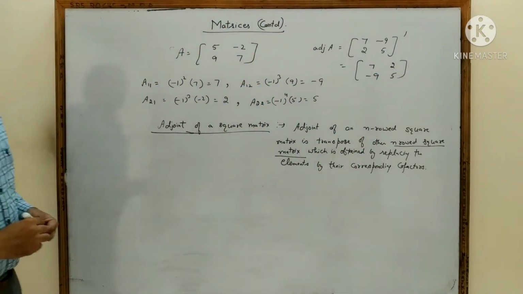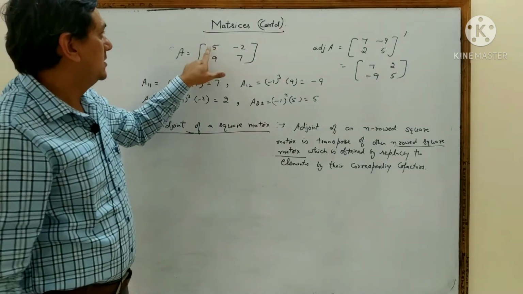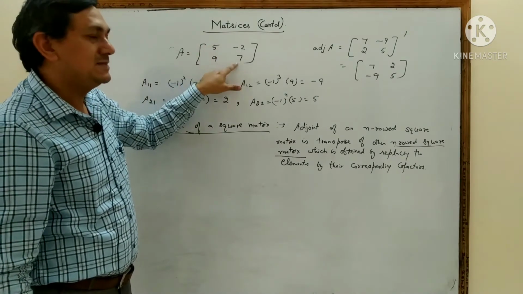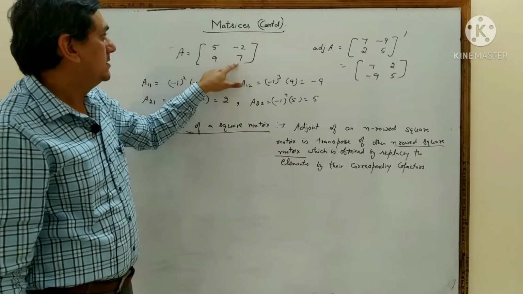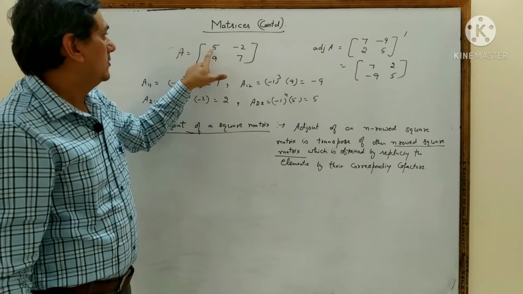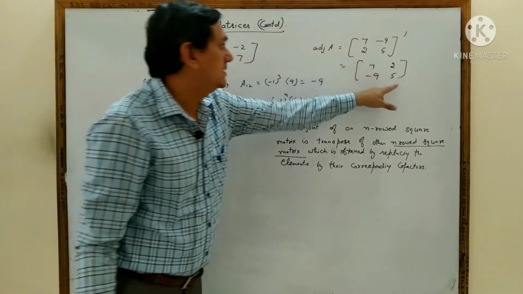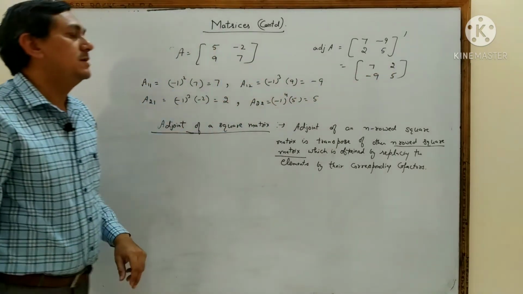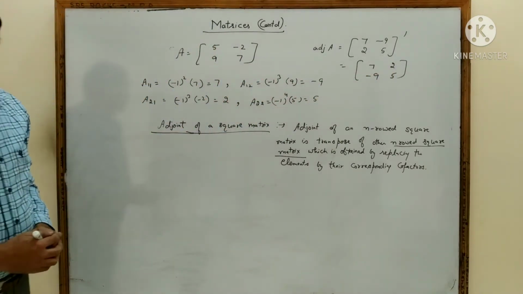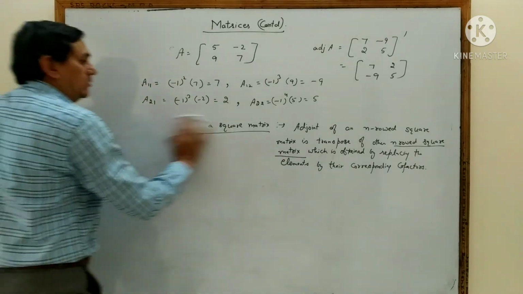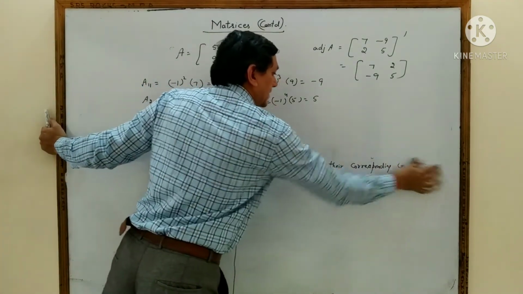We can also generalize it as interchanging the diagonal elements and changing the sign of the non-diagonal elements. 5 and 7 are interchanged, minus 2 becomes 2 and 9 becomes minus 9. So this method can be used to calculate the adjoint of a square matrix also.